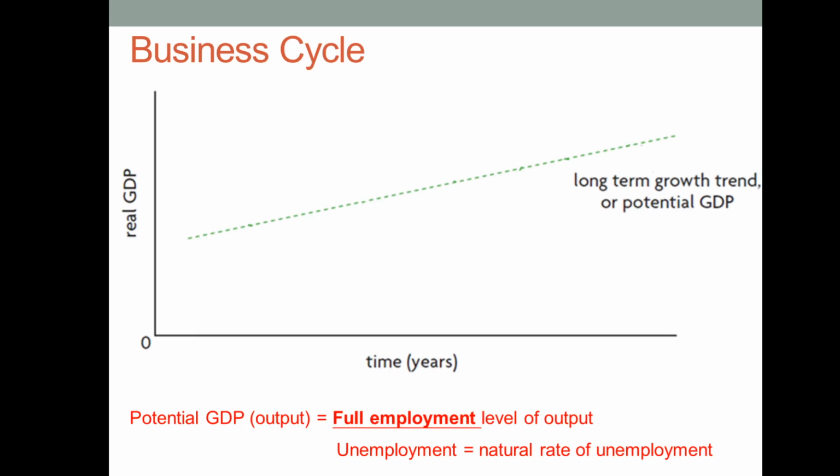Cyclical it might not be, because if you go back to your GCSE material, cyclical is something in the opposite direction. But frictional and seasonal are the main reasons why, even at the full employment level, you still have 2 or 3% of people left out.